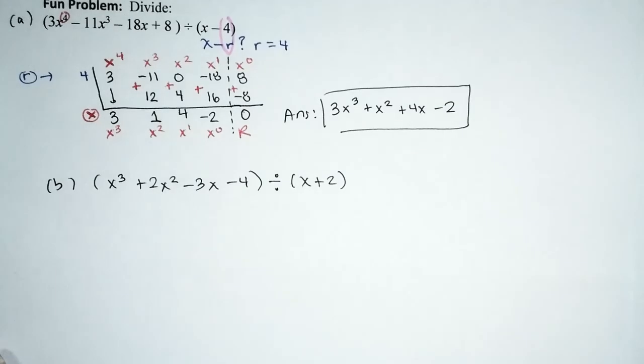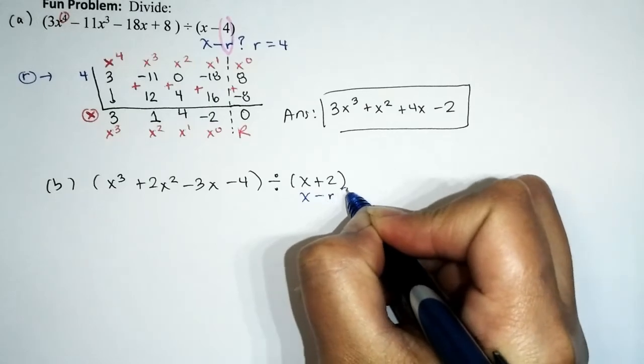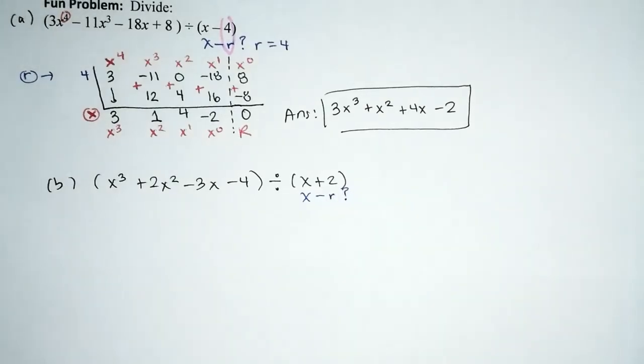Again, the directions do not specify what technique to use, so if you want to use long division, be my guest. But I want to know, can I take a shortcut? Can I use synthetic division? I really don't know, so I need to know, am I really dividing by a binomial of the form x minus a number? As it stands, we are not, so that makes me sad.